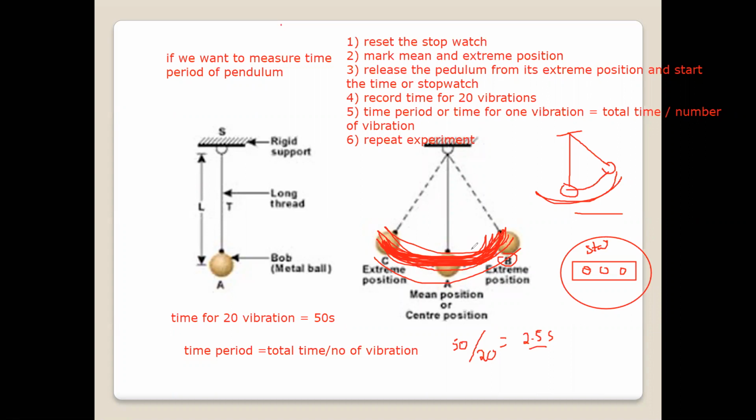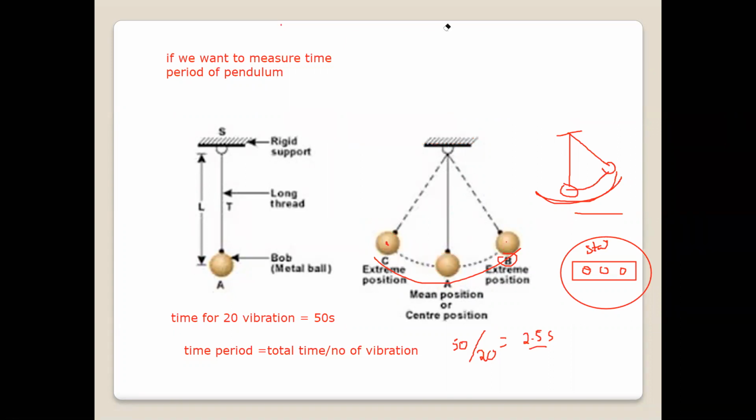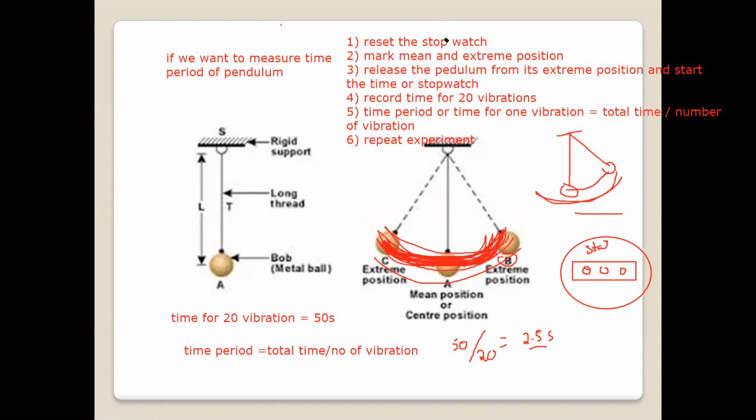Like the size of the bob, the length of the pendulum, the type of material the pendulum is made up of, the amplitude. Amplitude means the distance from the mean position to the extreme position. Like this distance is called amplitude, the horizontal distance, mean to extreme.